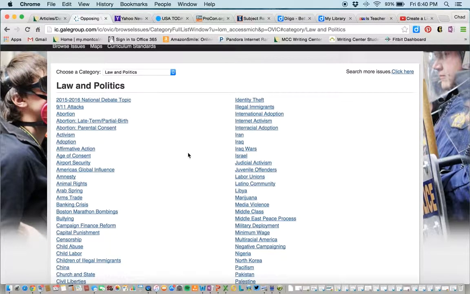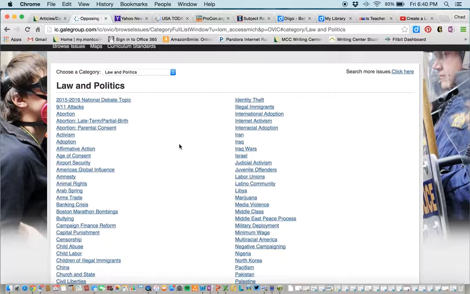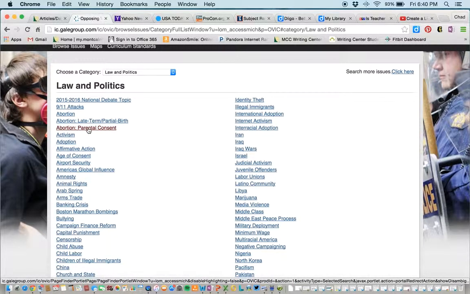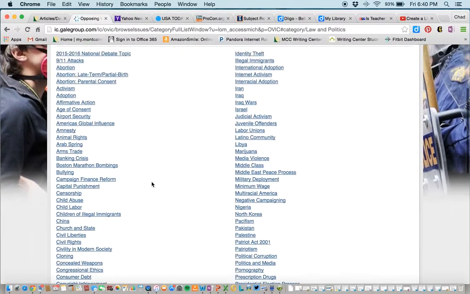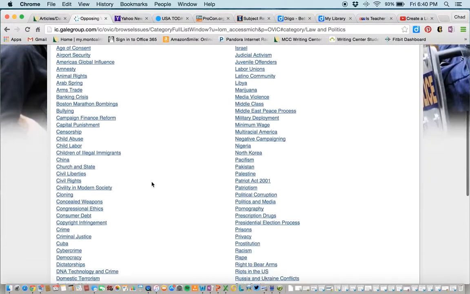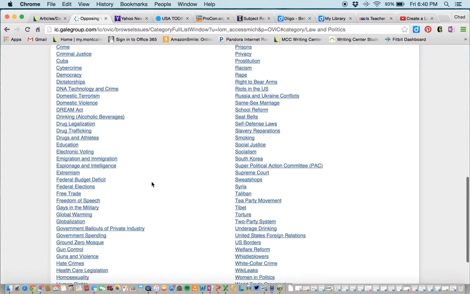Now some of these are going to be too broad. I mean, you're not going to write a 3-4 page paper with the topic being Iraq, if you prefer. However, there are some that are more narrow, like parental consent for abortion or late-term partial birth abortion. We're not going to probably handle huge topics in a 3 to 4 page paper and do them any justice.